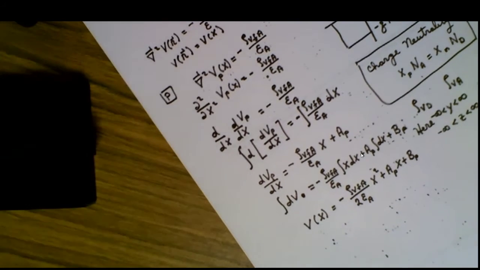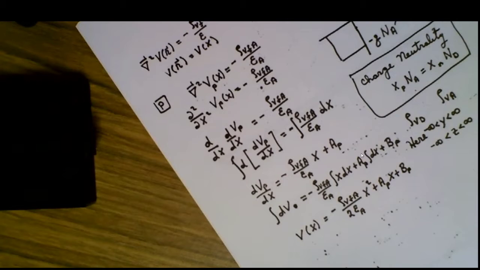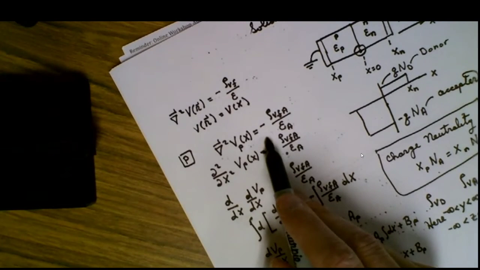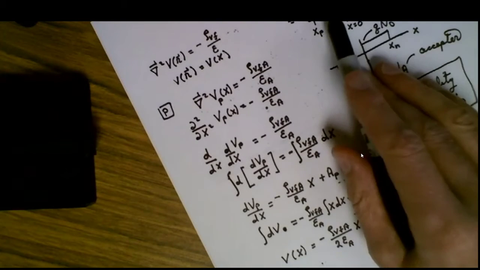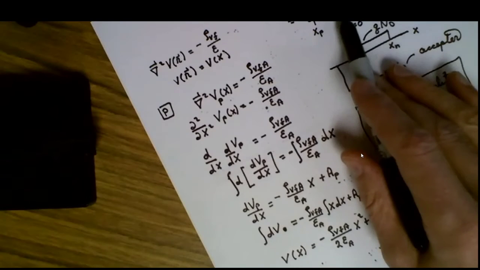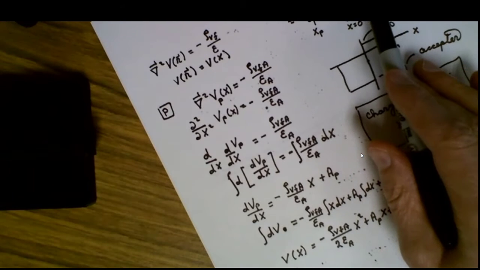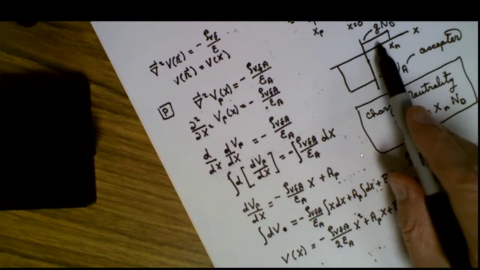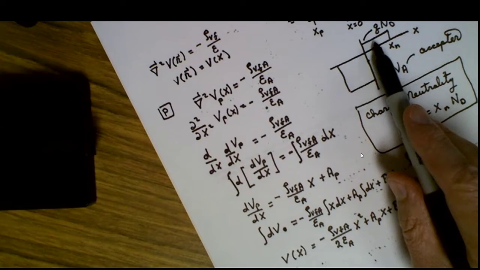We have now calculated the potential based on our starting relationship. Well, we observe that for the P region, the P region and the N region look very similar. They have a different charge distribution, but the charge density is a constant.